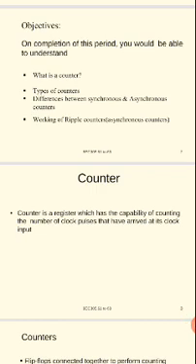Here, regarding counters, we discuss the objectives.